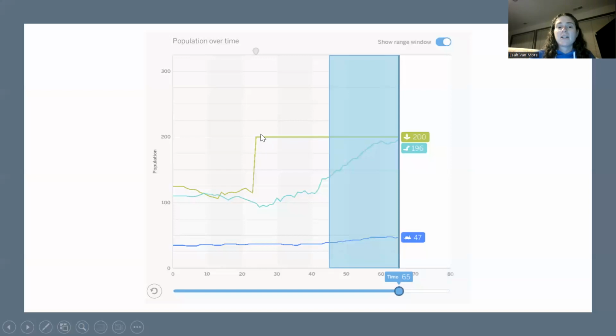And then here is, from about time unit 23 onward, you can see, wow, I'm very good at this because I locked the green leaves at 200 and whoa, look at those wee bugs increase, right?